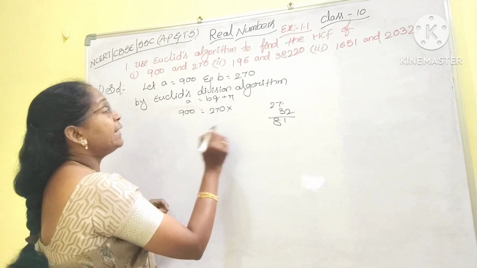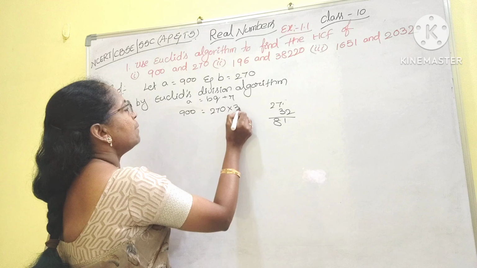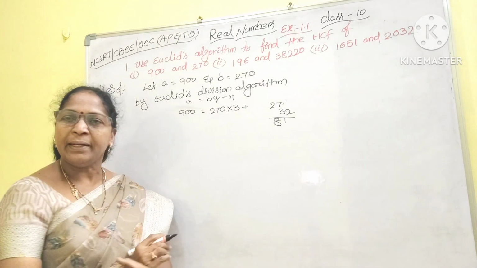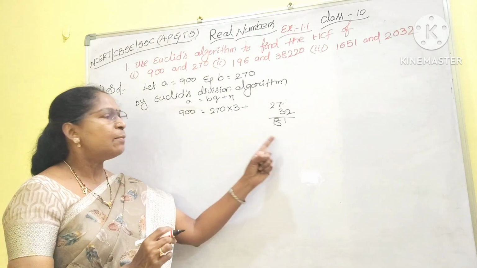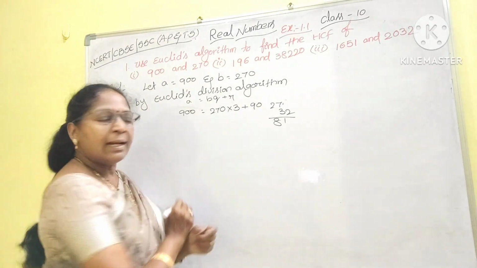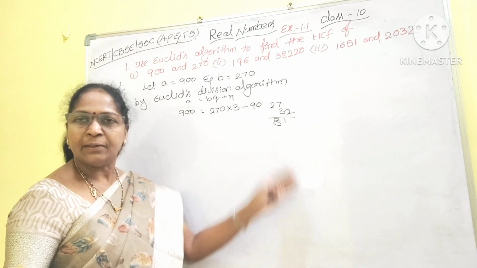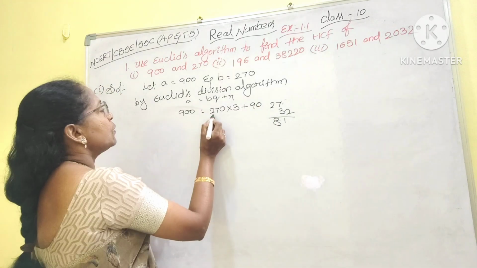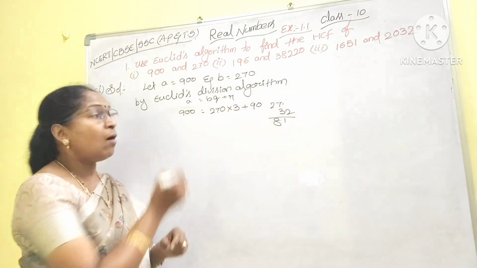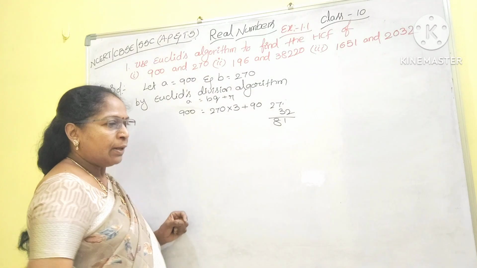That means 810 is the multiplication value. So 3 times, plus the remainder: 900 minus 810 equals 90. You can also calculate this in your mind; if it is difficult to multiply, then multiply here. So 270 divides 900 3 times, and the remainder equals 90.